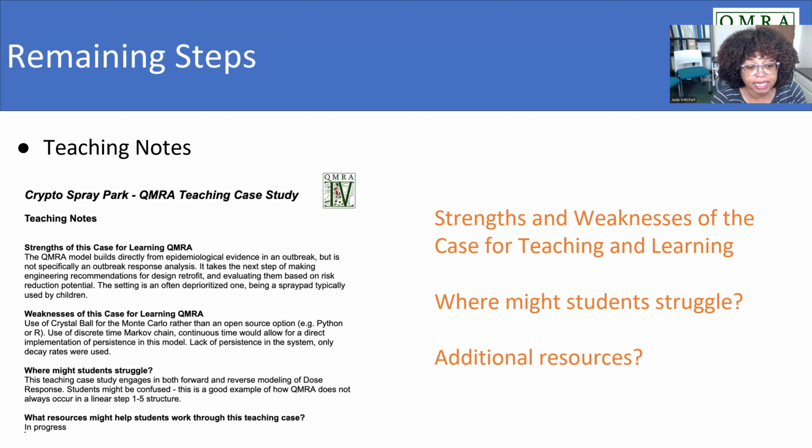We identified as a weakness that it used Crystal Ball to do the Monte Carlo simulations rather than an open source option like Python or R. Crystal Ball is a proprietary software, so for transparency, we would want to use an open source software that is equitably available freely to anybody who would want to review this case study rather than something that would have to be purchased or owned.